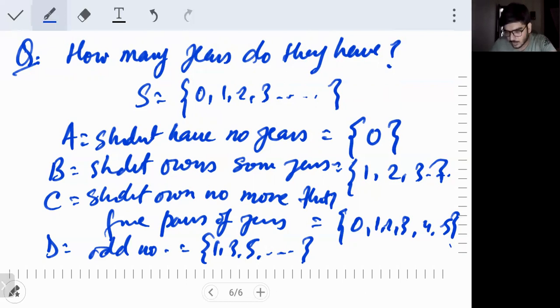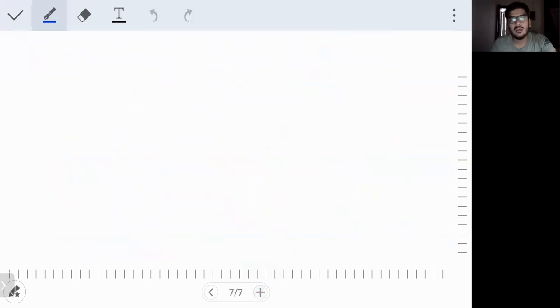It could be anything, right? So events and sample spaces are just sets, like the set theory we discussed in high school.